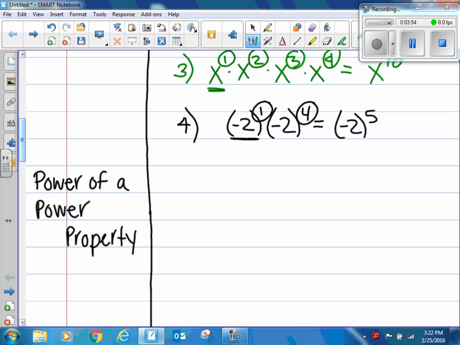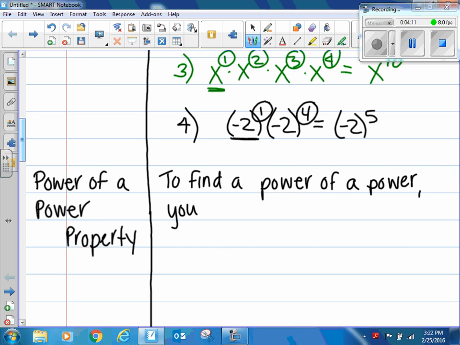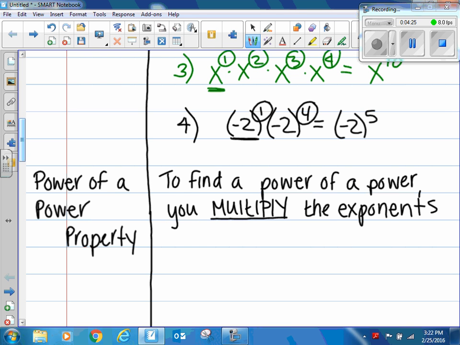Okay, and what this says is that to find a power of a power, you multiply the exponents. Okay, so a power of a power.